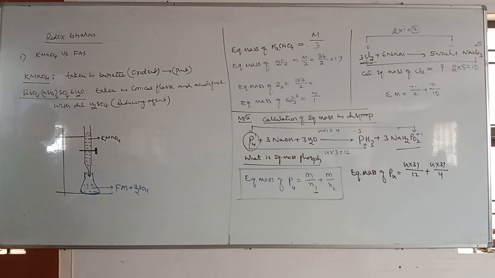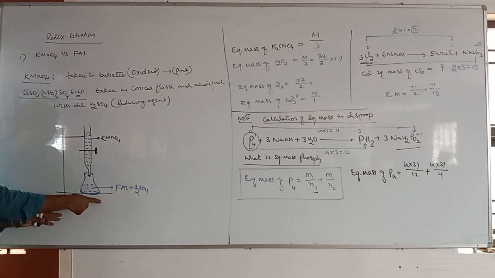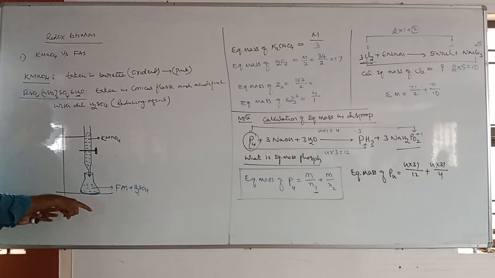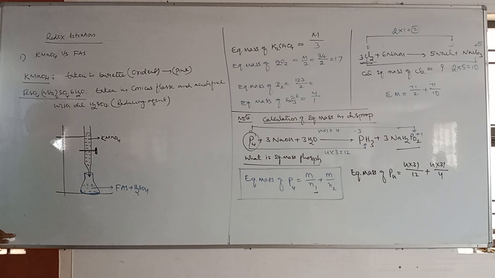Tell me. Now in this titration, potassium permanganate is added to what? FAS. So potassium permanganate is added to FAS dropwise. In the beginning it is colorless FAS, but at the end point colorless changes to light pink. So whenever colorless changes to light pink, that indicates equivalent point or end point.